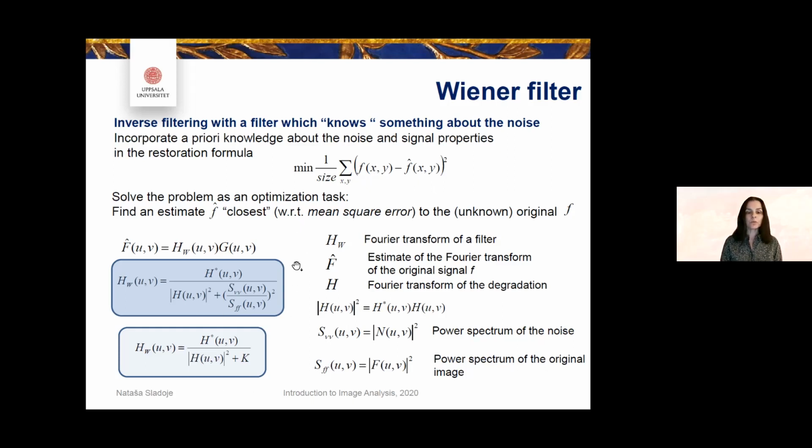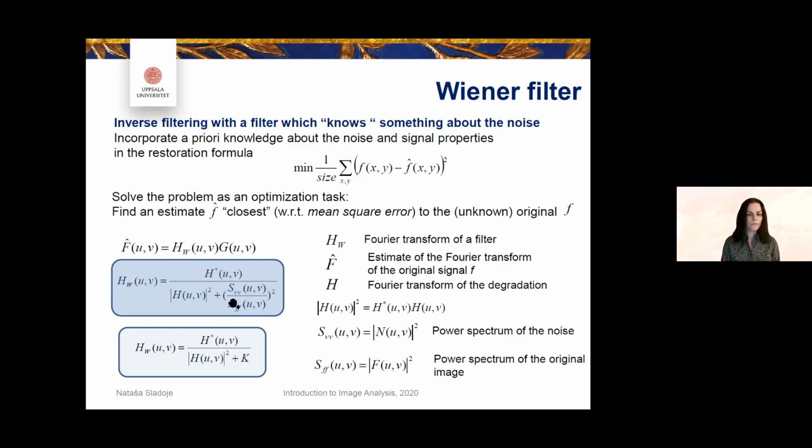Without going too much into details of the derivation, I will just comment on how this filter looks and what are the components that are incorporated in its formulation. So this is then the Wiener filter. And what we see in this formula is, first of all, the Fourier transform of the degradation. So we see that this function h, which we worked with and tried to estimate so far, appears here as well.